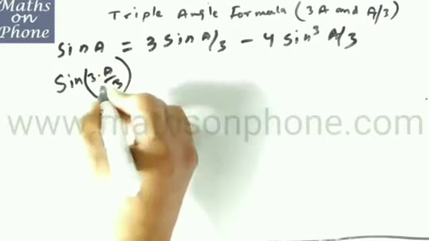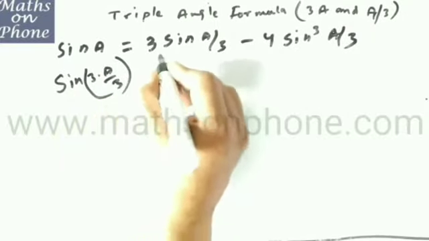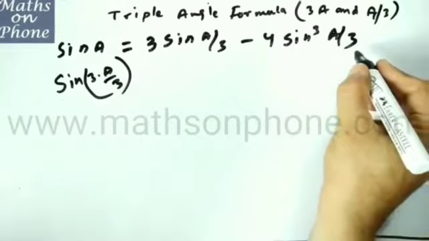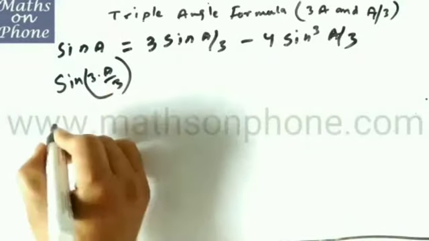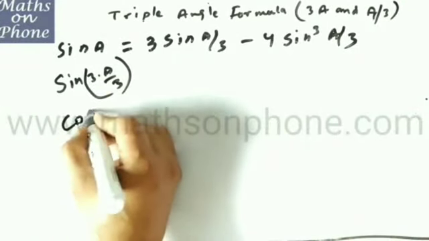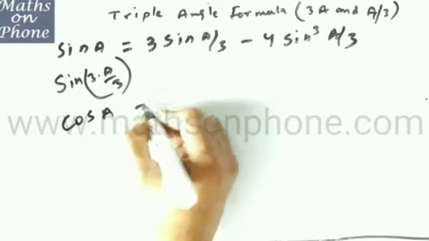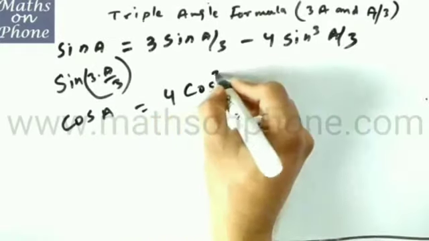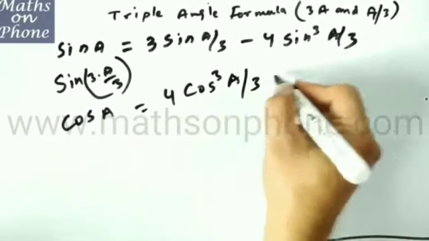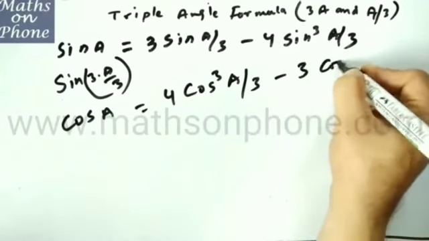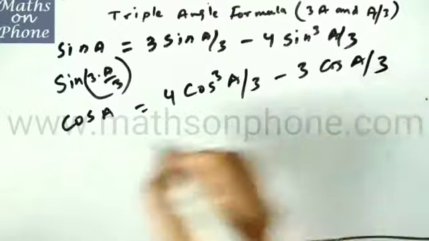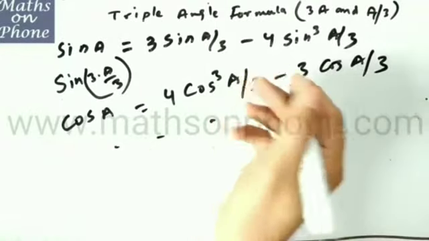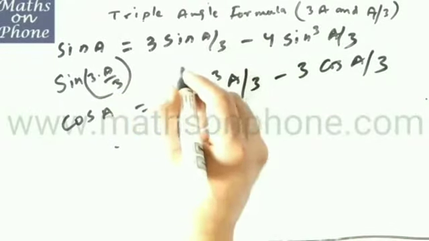So it is in the form of sine 3 theta, so 3 sine theta minus 4 sine cube theta. So I wrote in this way. Same way, if I need to write cos A in A by 3, we can easily write, what's that? 4 cos cube (A by 3) minus 3 cos (A by 3). Easily you can write the formula in sub-multiple forms.